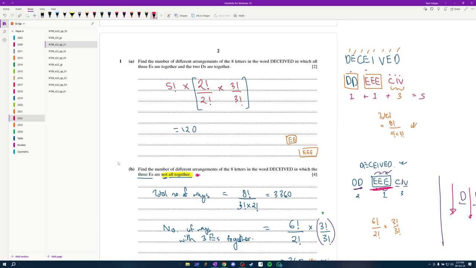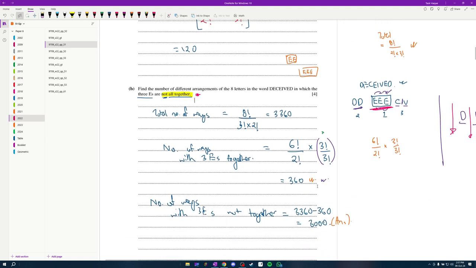The E's can be next to each other, like 2 E's next to each other, but the only restriction is that the 3 E's cannot be all together. So the only way to do this is to find the total number of ways, which I told you already is 8 factorial by 2 factorial into 3 factorial, and then subtract the number of ways in which all 3 E's are together. Then you will get this answer.